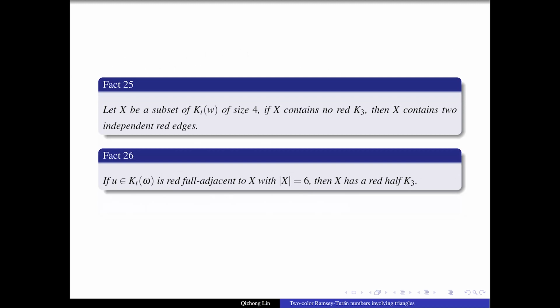For example, if X is a subset of size 4 and X contains no red K3, then X contains 2 independent red edges, etc.